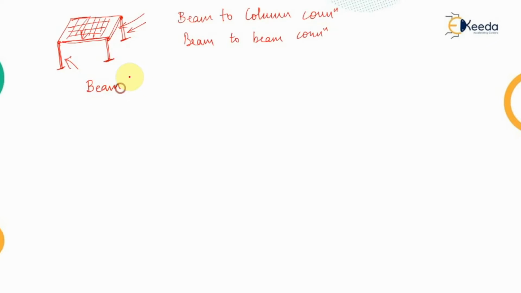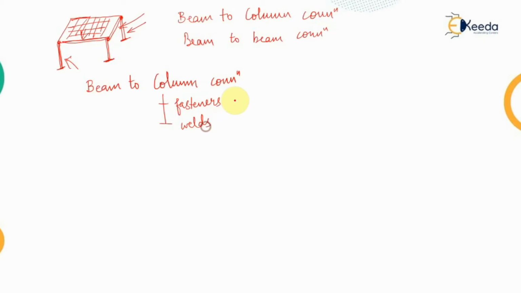So, when we are considering the beam to column connection, this beam to column connection that we are providing, it can be connected using the fasteners, that is of further two types. Then the second type of option that is available to us for the beam to column connection is through the welds.